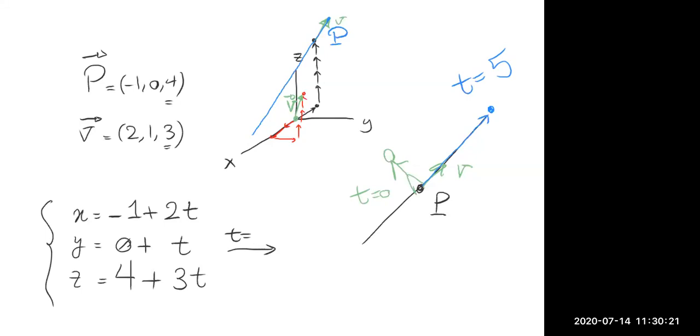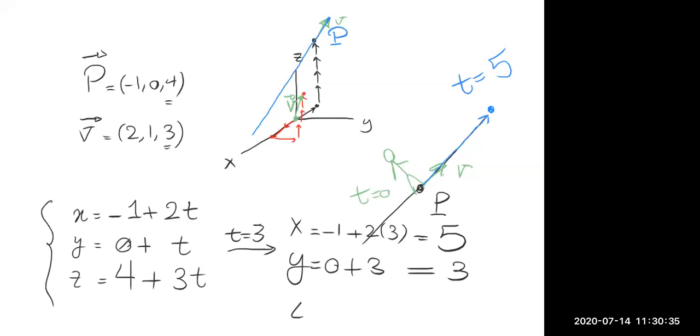So, X would be -1 plus 2 times 3, which is 6 minus 1, which is 5. Y would be equal to 0 plus 3, which is 3. And Z is equal to 4 plus 3 times 3, which is 9 plus 4, which is 13. So it would be at the point (5, 3, 13).